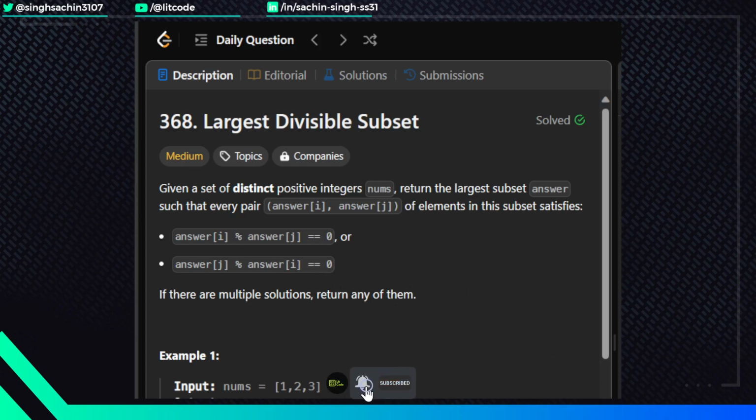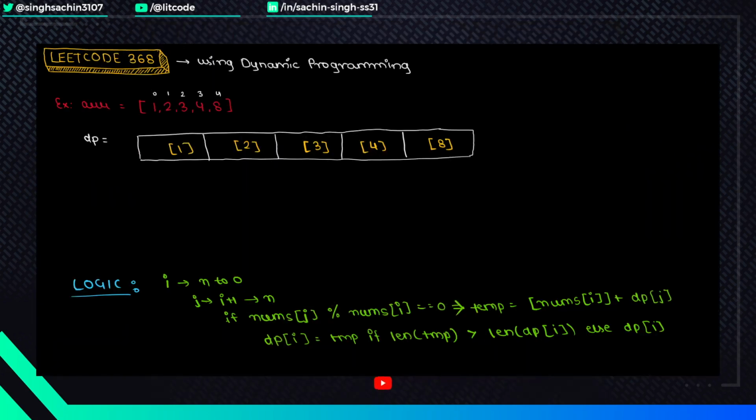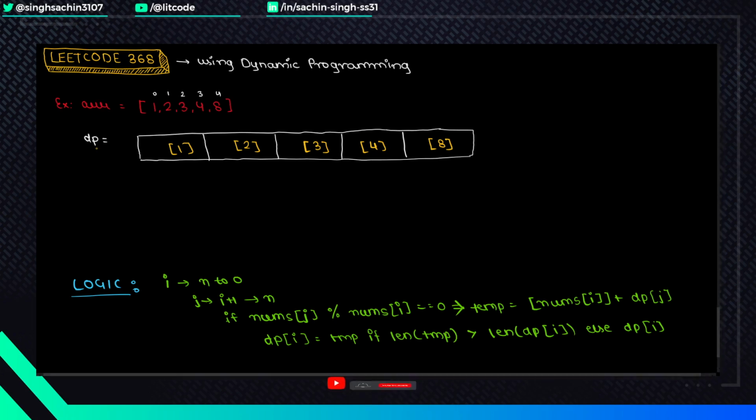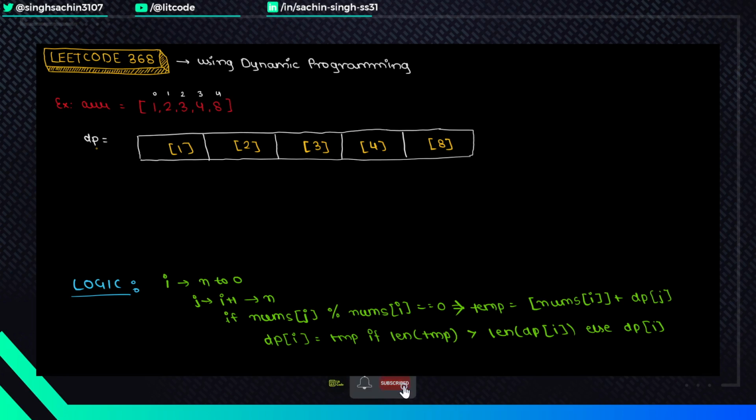So we will be using a dynamic programming approach to solve this question, and let's see how we will be doing it. So we will be initializing our DP array like this, and we will initialize it with the number itself. So I'm going to be taking a list as the value of each index as well, and DP of i will represent the longest subset including array of i.